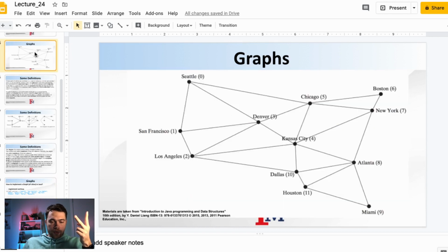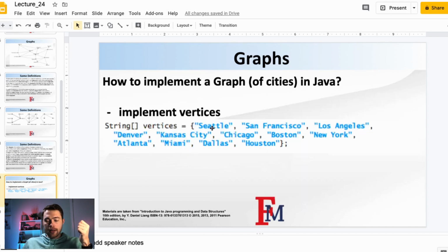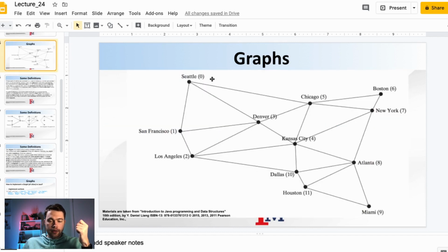Yes, there is an edge. What does 0 mean? 0 means there is no connection between the 0th row and second column. The 0th element is Seattle, the second element is LA, so there is no direct connection between Seattle and LA.